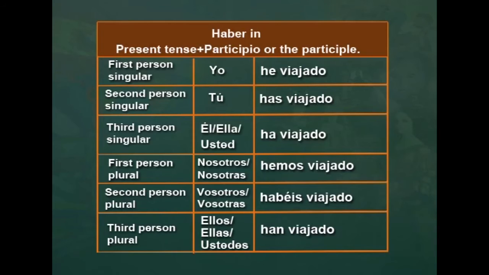So, you say yo he viajado, tú has viajado, él, ella, usted ha viajado, nosotros o nosotras hemos viajado, vosotros, vosotras habéis viajado, ellos, ellas, ustedes han viajado. You remember very well that H is silent in Spanish. So, it is only he, has, ha, hemos, habéis, han.